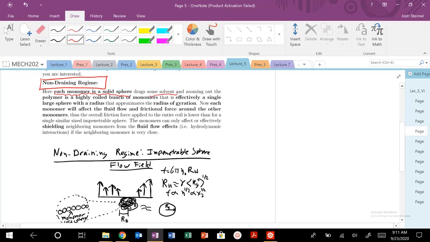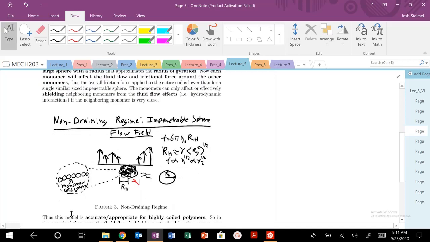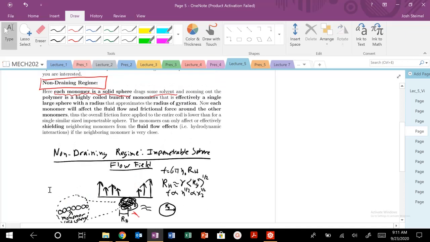If you zoom out, in the non-draining regime we have a polymer that's highly coiled and really compact, with a bunch of monomers effectively acting as a single large sphere with some hydrodynamic radius, RH, which scales with your Rg, which scales with your root mean squared end-to-end distance.